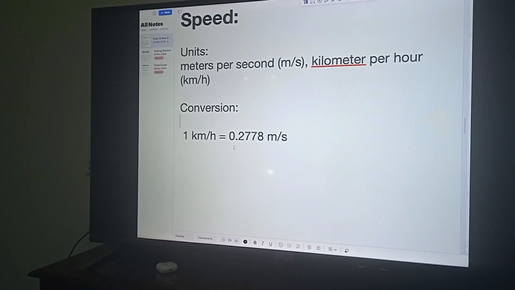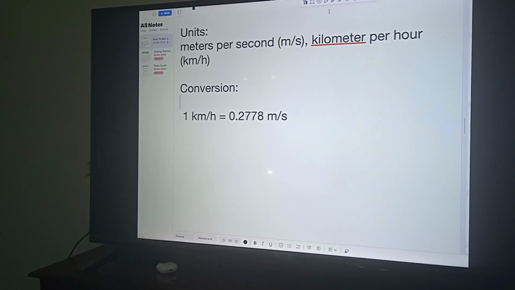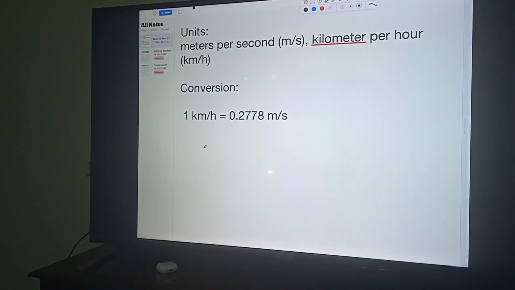So 1 kilometer per hour is equal to 0.2778 meter per second, and that is because 1 kilometer is equal to 1000 meters, and this per 1 hour is 3600 seconds.